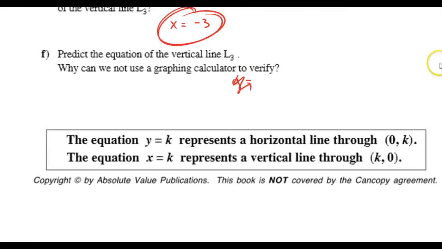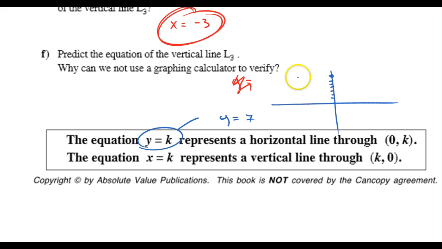All right, so here's the general rule. The equation y equals k, where k is just any number, represents a horizontal line through that point, k. So if it's y equals 7, we're going to get a line that goes through point 1, 2, 3, 4, 5, 6, 7. We're going to get a horizontal line that goes through 7.